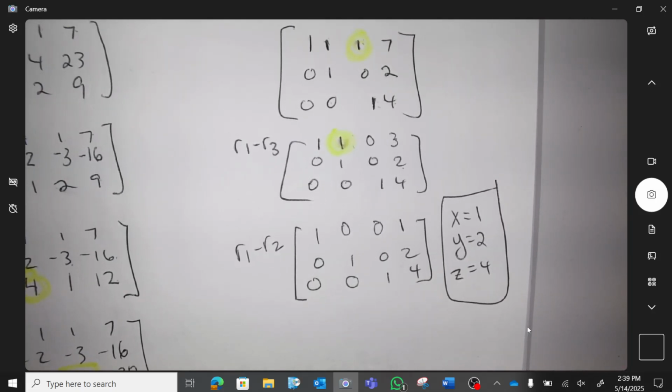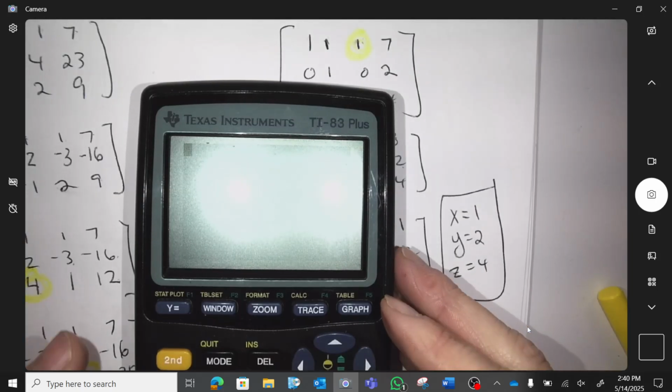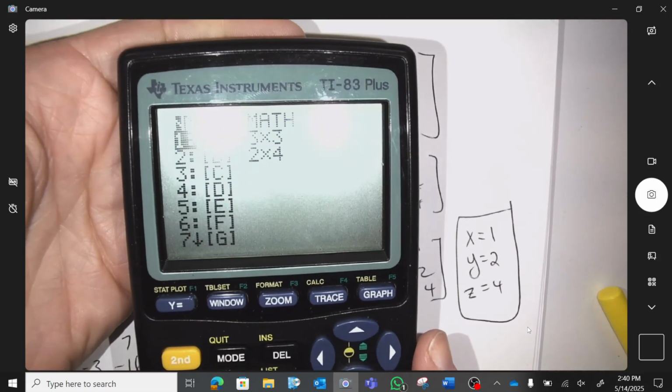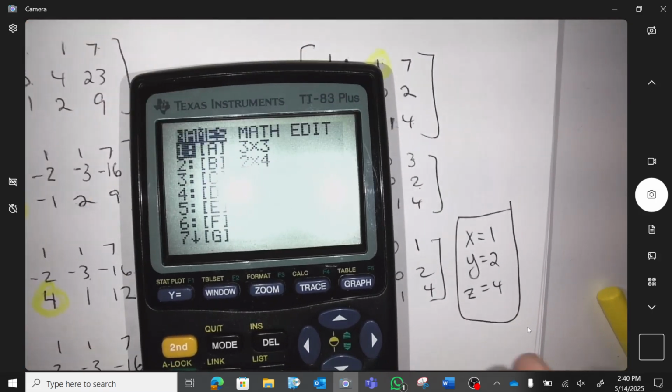Okay? What do you do on a test if you want to check to see if you're right? You can plug it into each equation. Okay? Do you guys want to know how I can do this in 2 seconds? Okay. My fancy calculator has matrices on it.